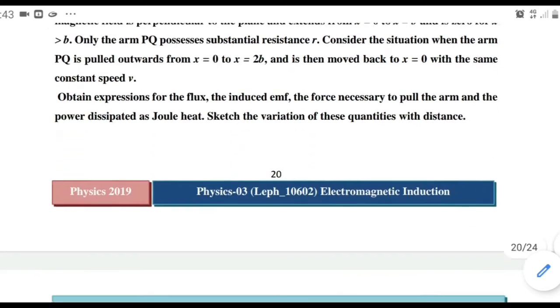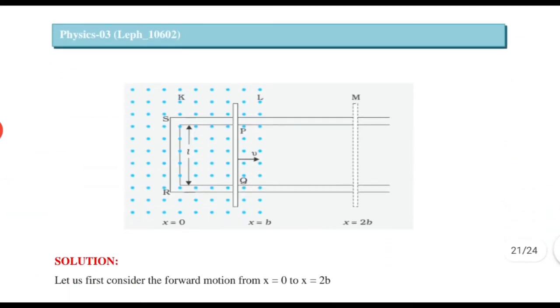So the diagram relevant here is this. Here the magnetic field direction is perpendicular to the plane, outwards. That's what those dots show. You have that rectangular frame as we were discussing, and PQ is the portion of the conductor which is moved.